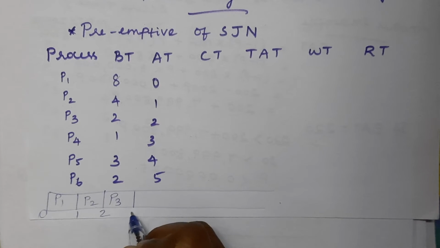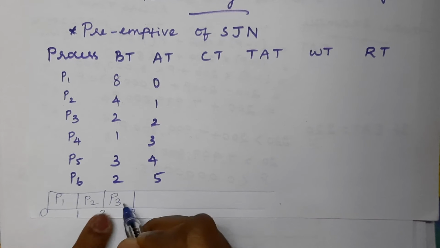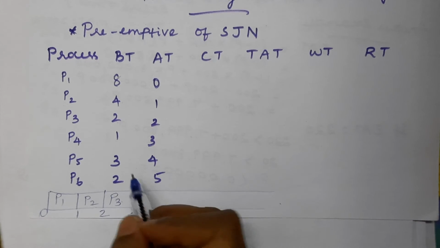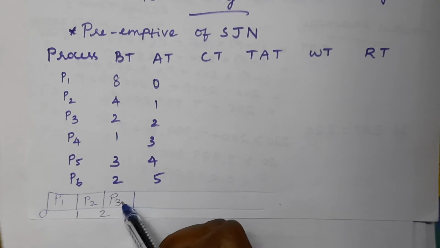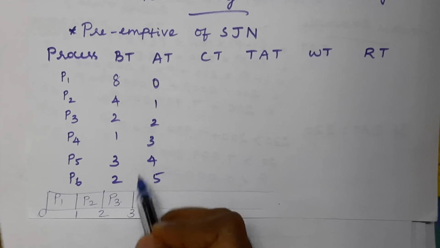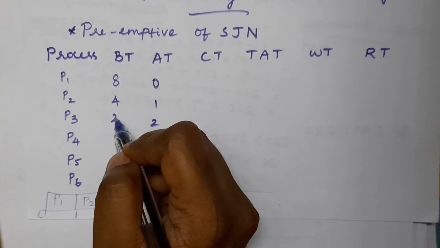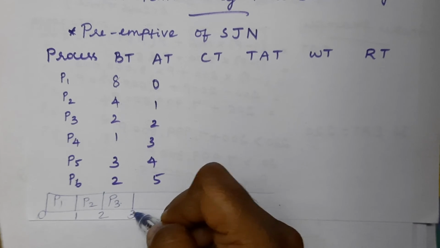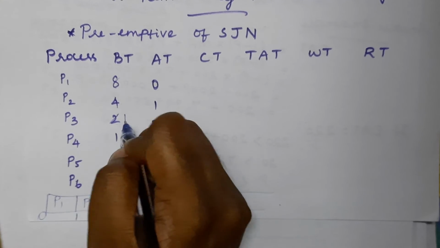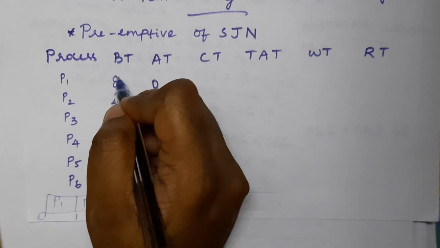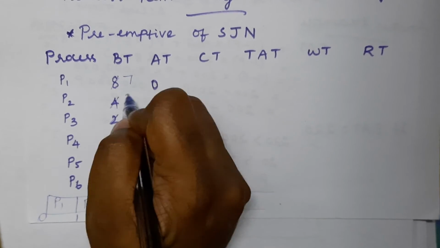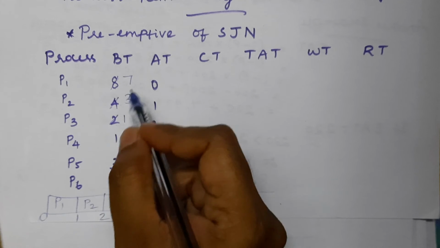But if you check at time 3, what is the remaining time of process P3, which is also 1. Because the total burst time of process P3 is 2, after executing 1 unit of time, the remaining time becomes 1. Here the remaining time is 0, here the remaining time is 3. So we should note down everything.